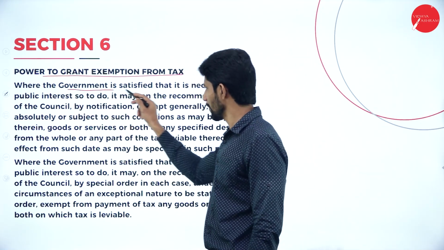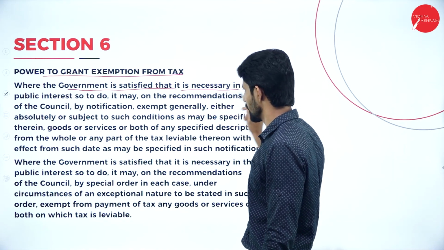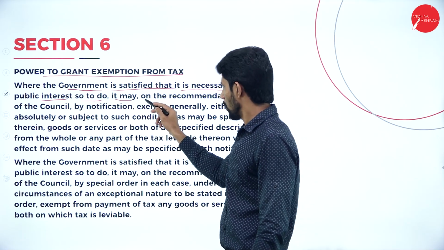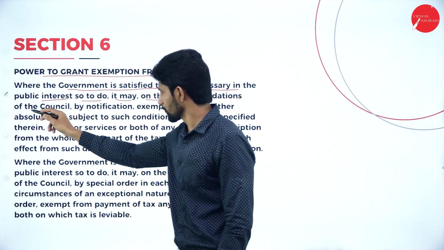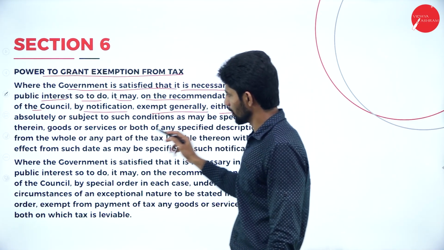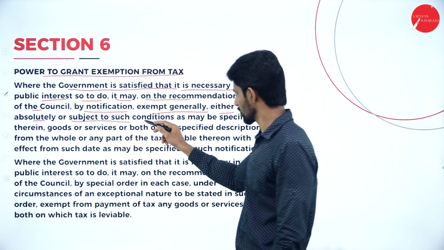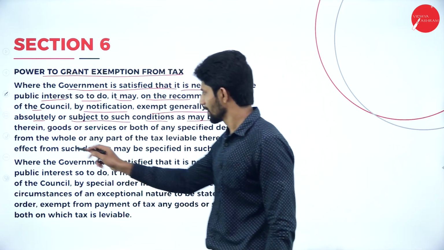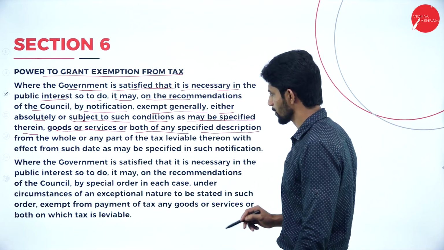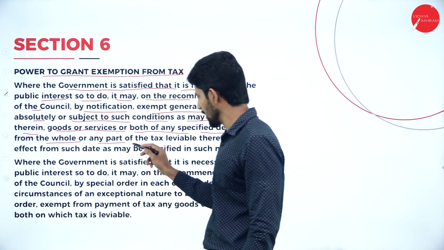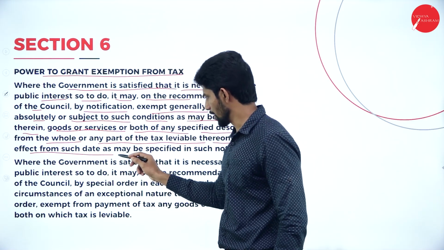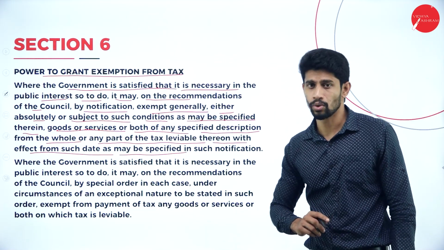Where the government is satisfied that it is necessary in the public interest so to do, it may, on the recommendations of the council, by notification, exempt generally, either absolutely or subject to such conditions as may be specified therein, goods or services or both of any specified description from the whole or any part of tax leviable thereon, with effect from such date as may be specified in such notification.